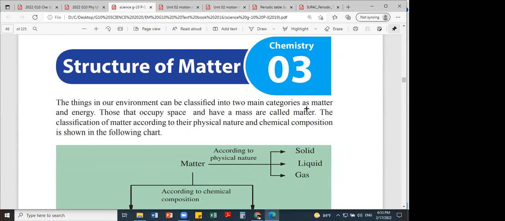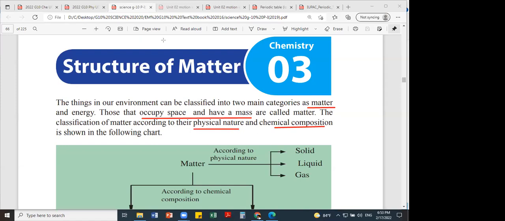One is, what is matter? Matter means things that occupy space and have mass. So they are called matter. And matter we can classify according to the physical nature as well as chemical composition.